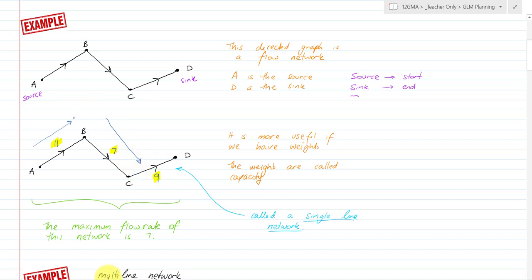If this was a road system, and you could get 11 cars through this road per minute, but only 7 cars through this road per minute, well, you can see that if we're working at full capacity, we're going to get a build-up just here at vertex B. And every minute, an additional 4 cars are going to get stuck there. And so you can see that happening on this network. And 7 is our maximum flow rate. So it's really important for analysis in a lot of different contexts.